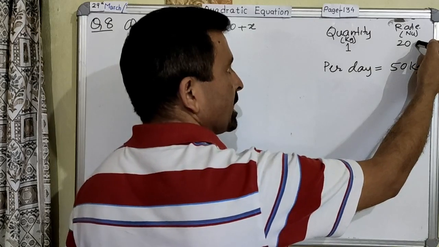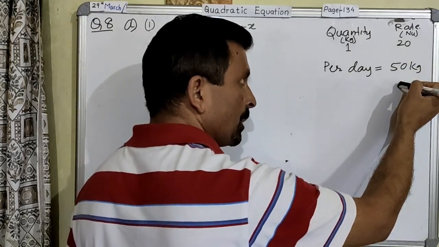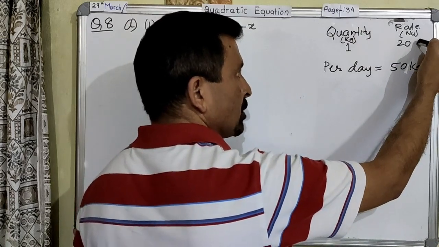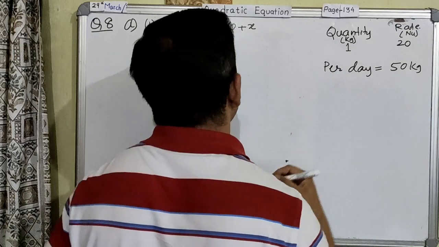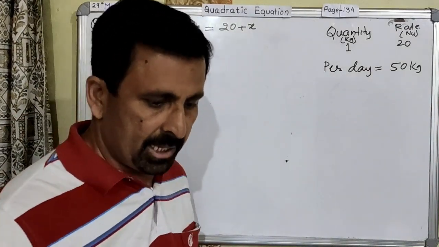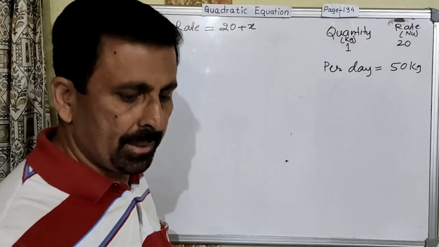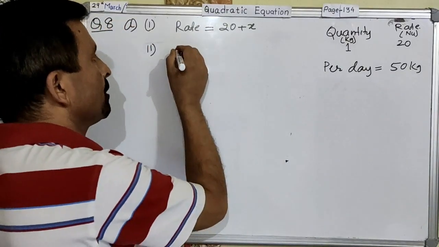So the increase in the price is the same as the decrease in the sale, right? By whatever quantity you increase the price, by the same quantity the sale decreases. So here we have to write an algebraic expression to represent the number of kilograms the shopkeeper expects to sell, so the per day sale.